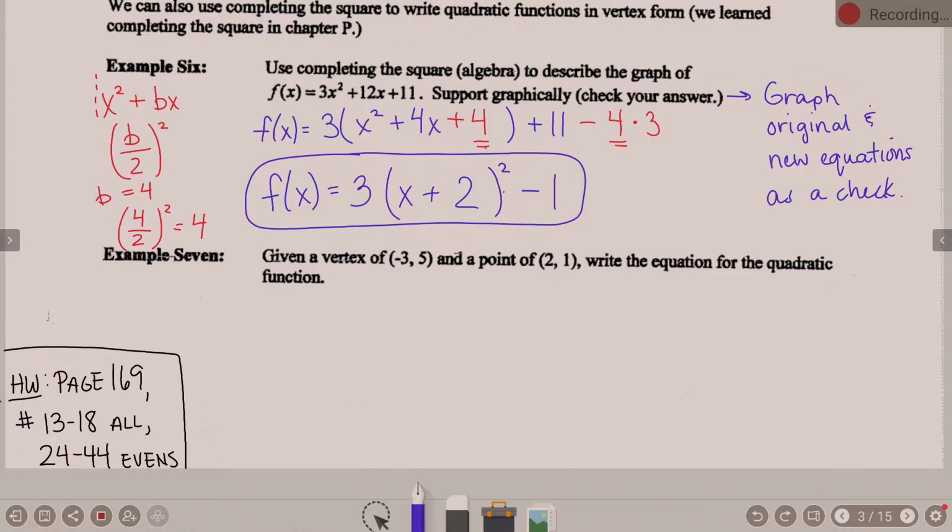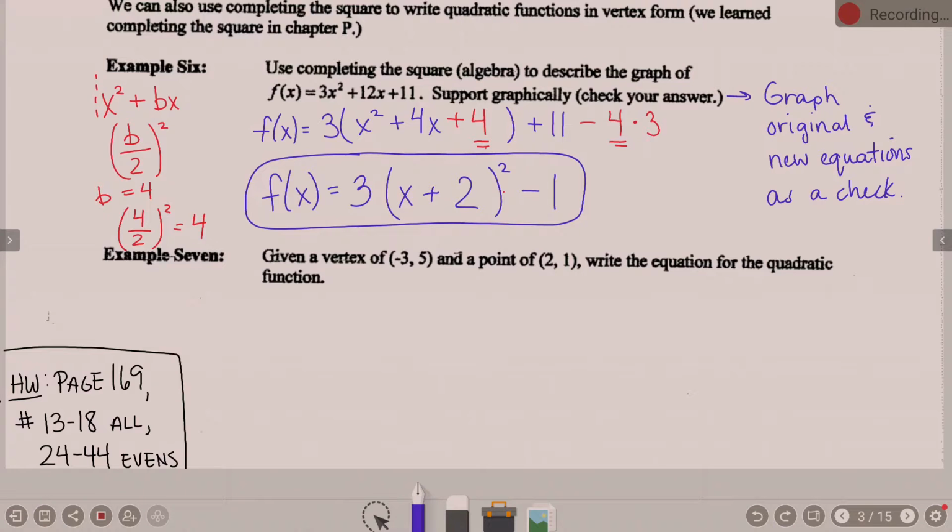Example 7. Given a vertex of negative 3, 5, and a point of 2, 1, write the equation for the quadratic function. I taught this yesterday in Algebra 2, guys, which means it's not new. It's just a matter of remembering it.